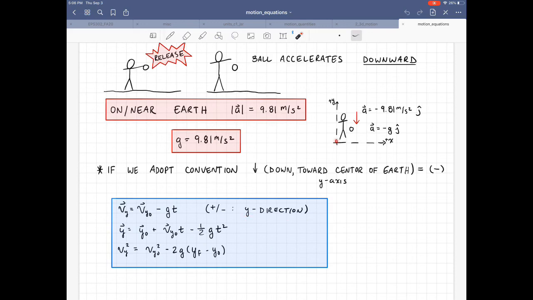With that convention, and typically we use the y variable for vertical motion, our kinematic equations turn into, well, the acceleration just turns into minus g. The acceleration turns into minus g, and the acceleration here turns into minus g. And so those are our kinematic equations. Those three tools will allow us to solve all of our motion problems in this course.